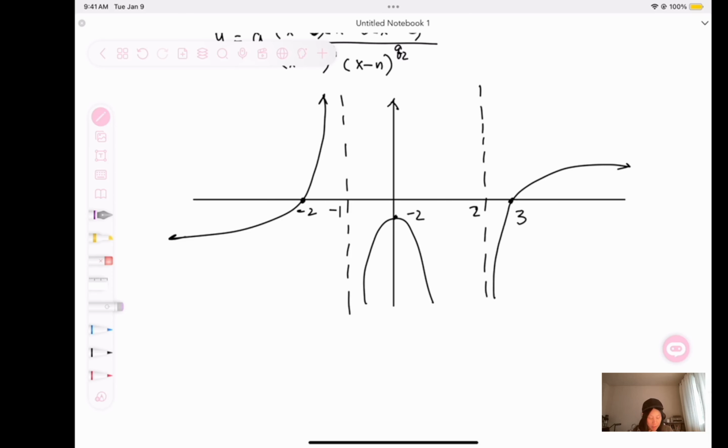Now, let's label what we have. We know that we have 2 x-intercepts. Remember that we find the x-intercepts from the numerator. So the factors we have are x plus 2 and x minus 3.